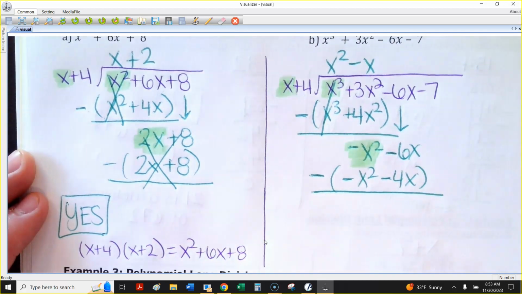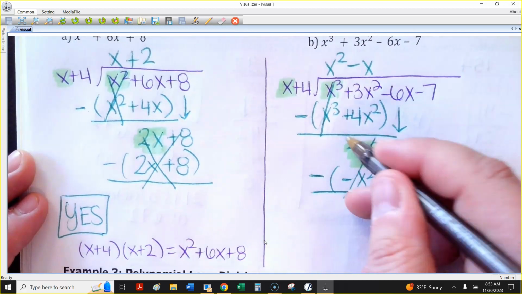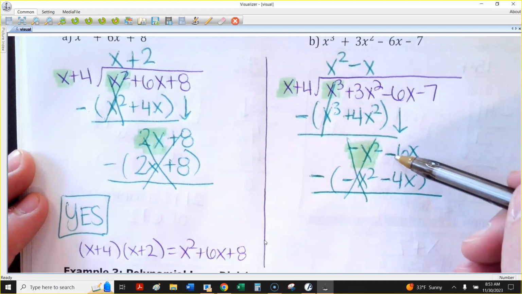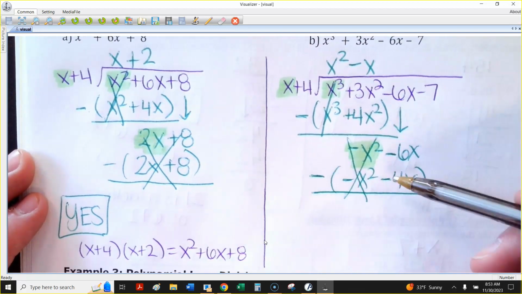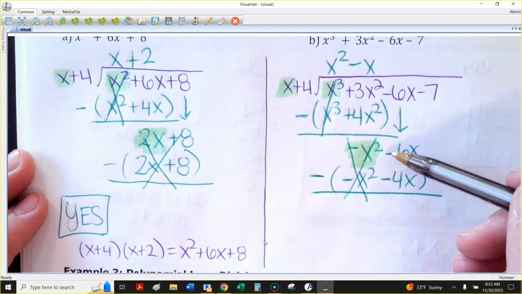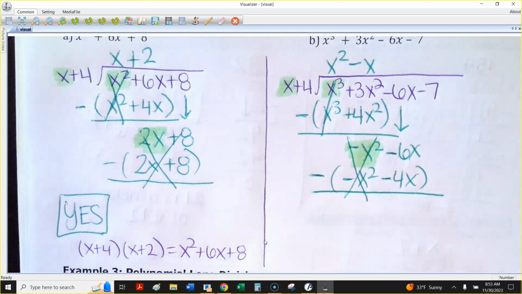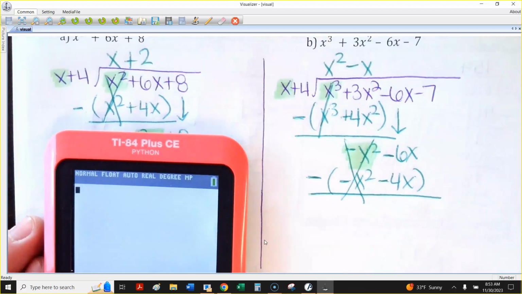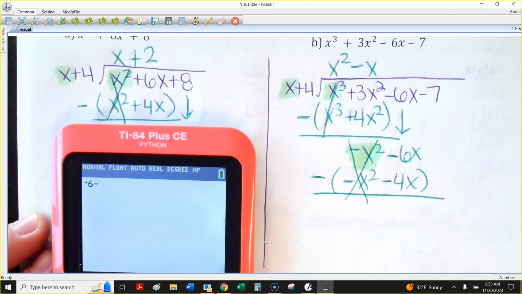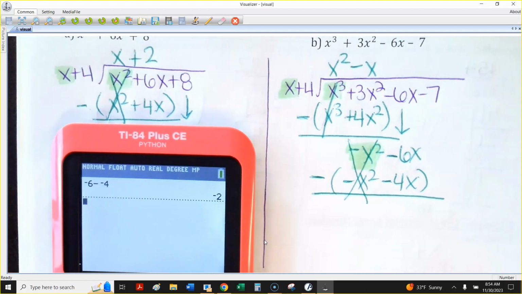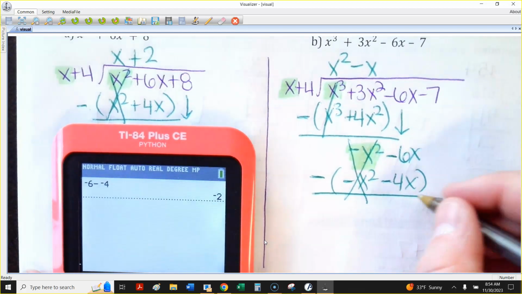So minus a negative, this would cancel out. Now here, negative 6 minus a negative 4 is really negative 6 plus 4. Whenever you do minus a negative, if you don't believe me, you can check on your calculator. I'm doing negative 6 minus negative 4. It turns into a negative 2 because it's really adding.